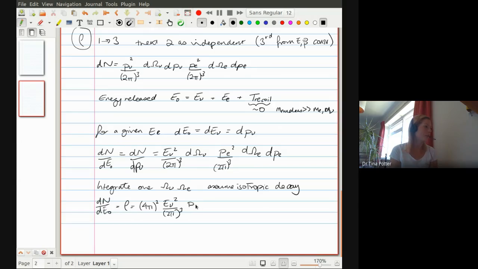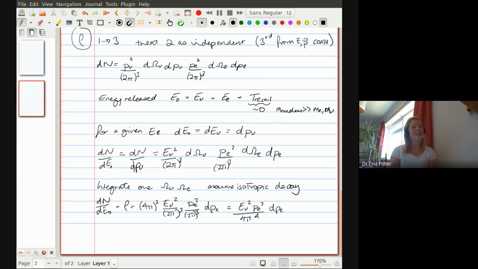We've got the electron momentum over a 2 pi cubed still, dPe. And so we can have some cancellation here between all of our factors of 2 pi to simplify as E nu squared, Pe squared over 4 pi 4, dPe.